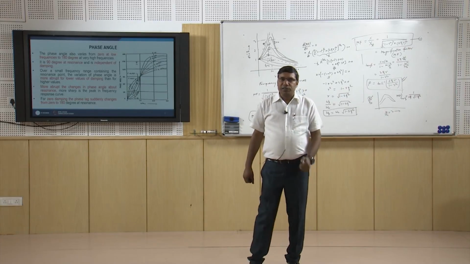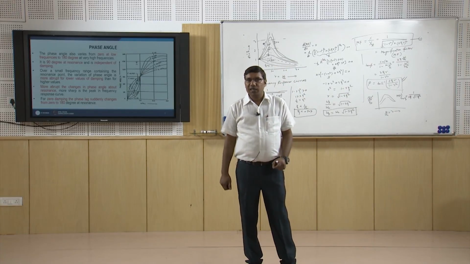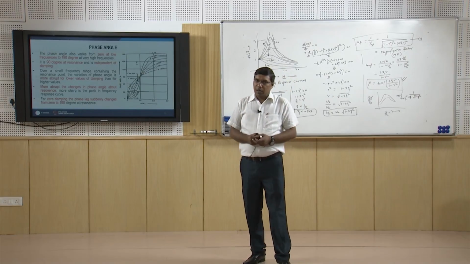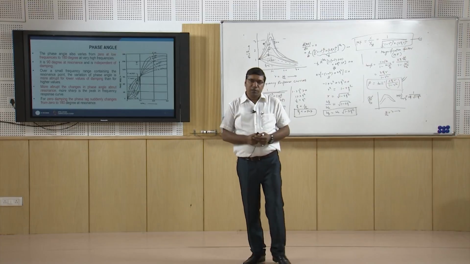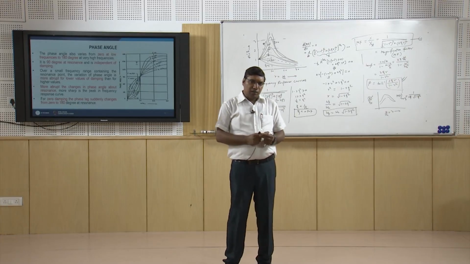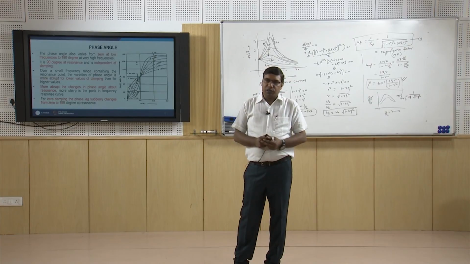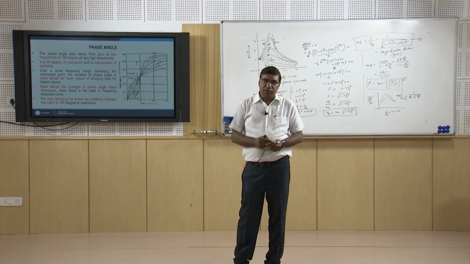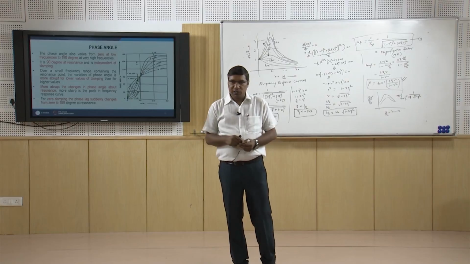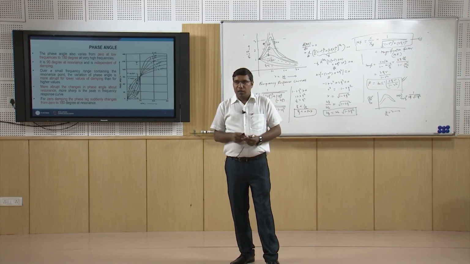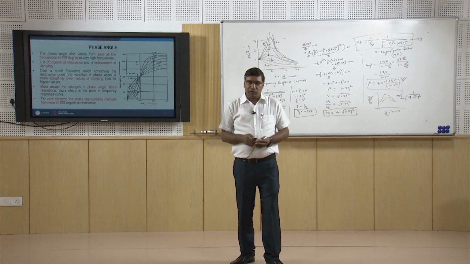So, we discussed the magnification factor and frequency response curve. Frequency response curves are a function of damping. For different damping values, they give the steady state amplitude response over a range of different forcing frequencies.